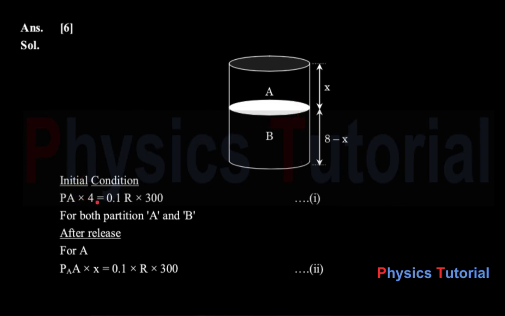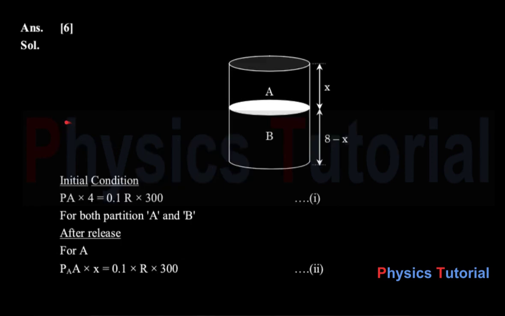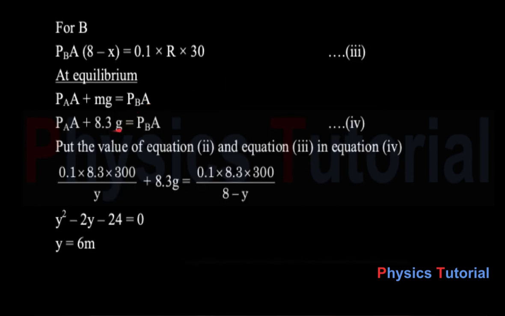So PA into 4 is 0.1 R 300, for both the partitions A and B. After release, for A, PA into A is equal to X, let this be equation number 2, and for B, PB into A into 8 minus X. So at equilibrium, PA plus mg is equal to PB A, where mg is the weight, the mass of the partition being 8.3 kg, so PA A plus 8.3 g is PB A.